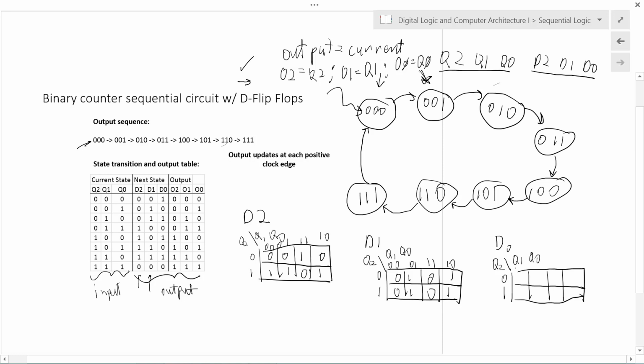Zero, 1, so 0, 0, 0, 1, 1, 1, 1, 0, 0, 1.